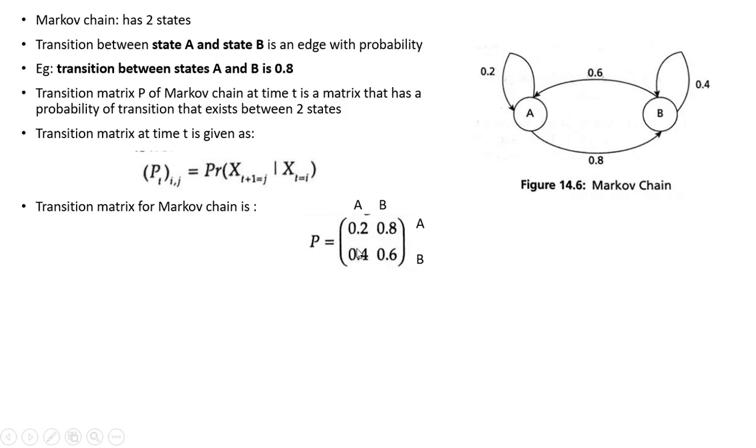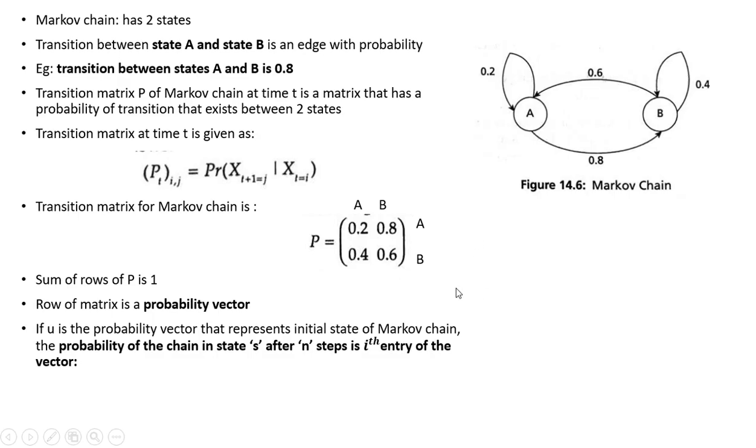Similarly, students remaining in University B is 0.4, and students moving from B to A is 0.6. So this is how you can write the transition matrix. What is important is that the sum of each row should be 1, and each row of the matrix we call a probability vector. These are the states and this is the transition, so this is nothing but your Markov chain.